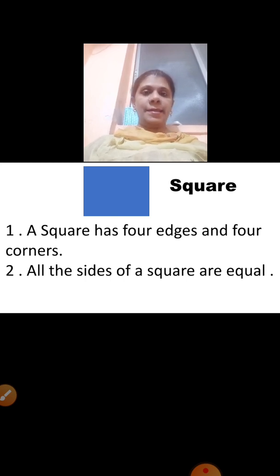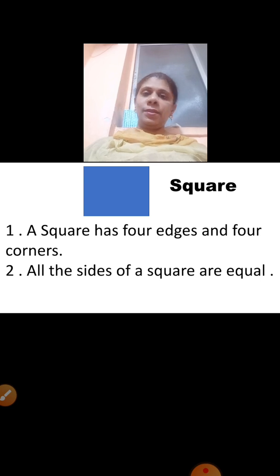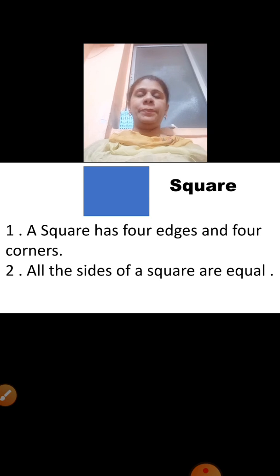All the sides of a square are equal. Repeat. All the sides of a square are equal. So what is a square? A square has 4 edges and 4 corners. All the sides of a square are equal.